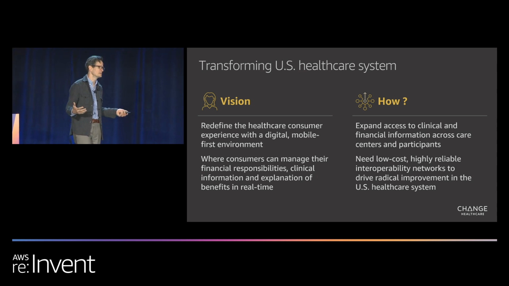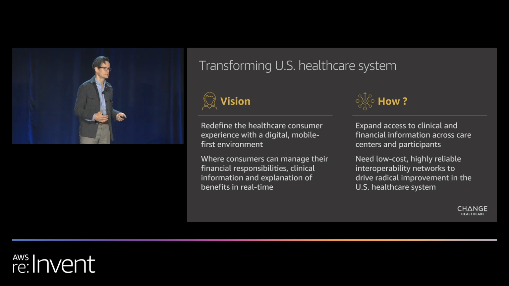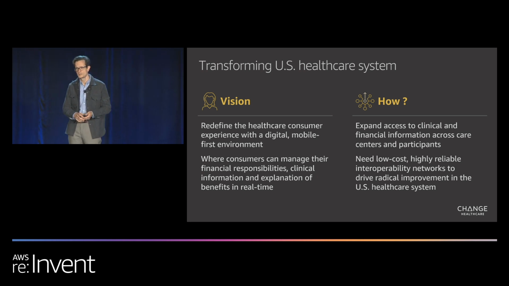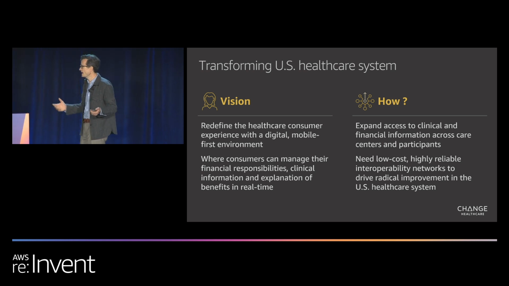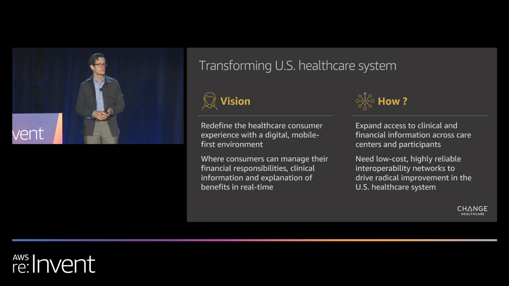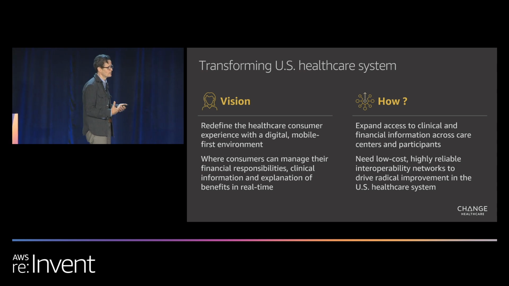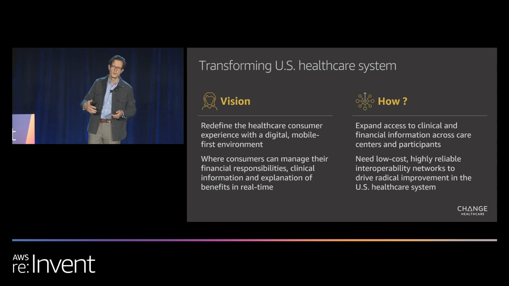So in order to do this, we need to lower the information complexity and points of friction across the US healthcare system by improving networks, and those networks need to be able to scale. So we have a scale problem in how we think about interoperability in this country, and we've got a lot of proof points. We know we can do it on a point-to-point basis. We know we can take a single ecosystem and do interoperability between those ecosystems.